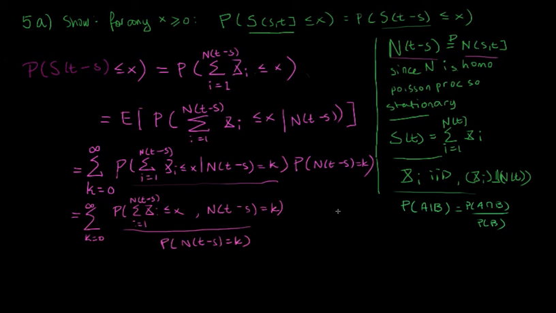And then I also multiply here with the probability that this is equal to k.